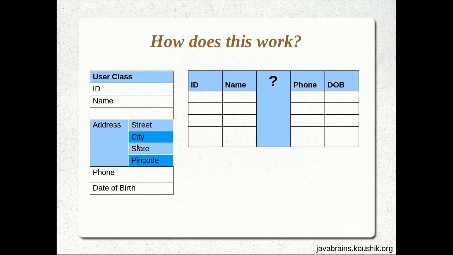So what I mean to say is, now the user class has an address object, and the address object has some member variables. We're going to treat the member variables of this address object the same way as you would treat member variables of the user class itself. So we'll assume that there's no address object, it's just street, city, state, pin code are 4 other member variables of the user class itself, and we would save it the way we would save 4 member variables.